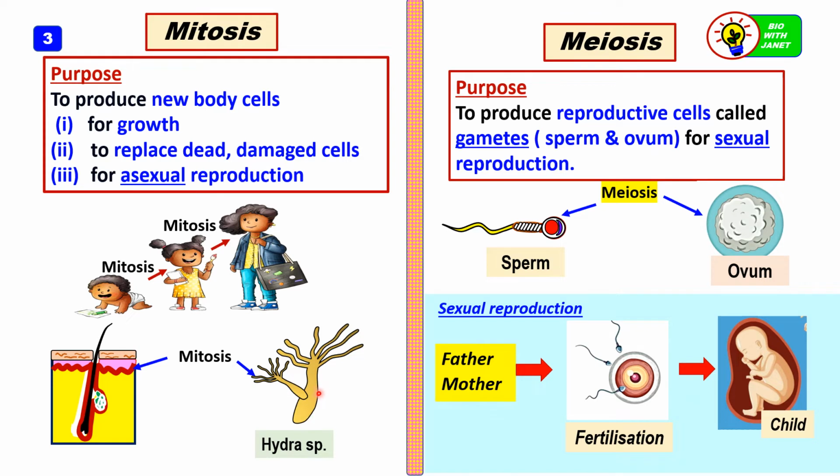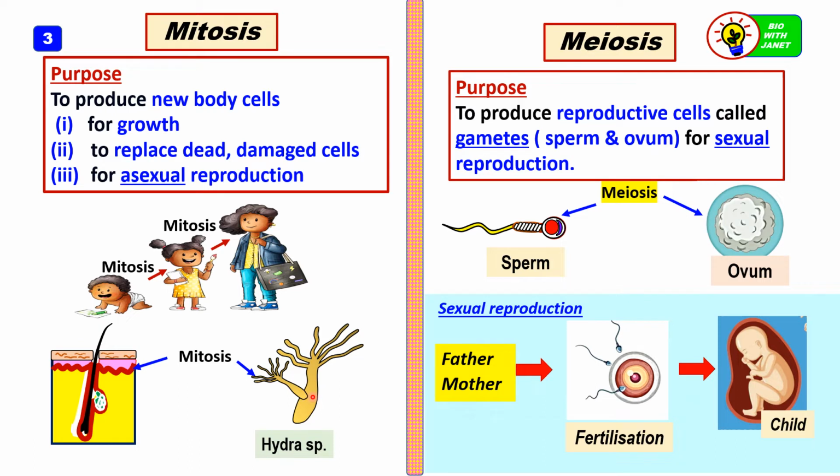Then, for certain organisms like Hydra species, mitosis occurs to produce new individuals from the parent, right? So these individuals are produced through mitosis, and it is a form of asexual reproduction in this case, because in asexual reproduction, only one parent is involved, as can be seen here.